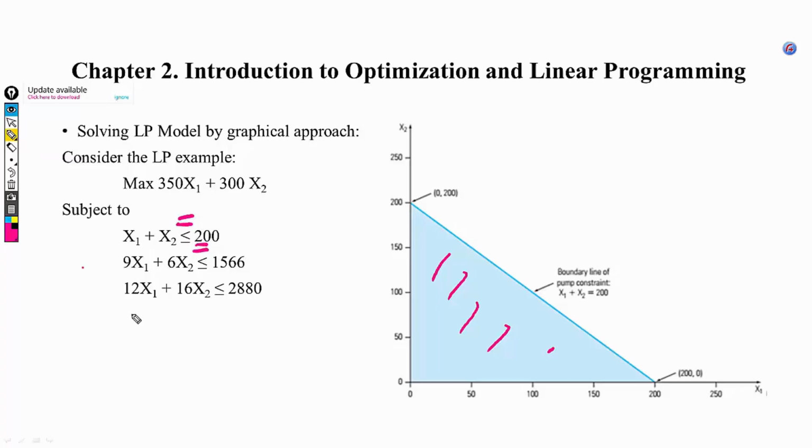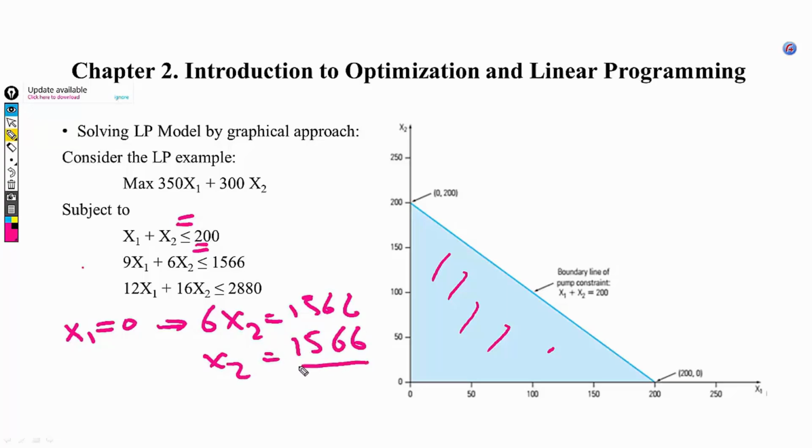In a similar way we can present it. Let's say x1 is 0, and then we find x2, which becomes 1566 divided by 6.